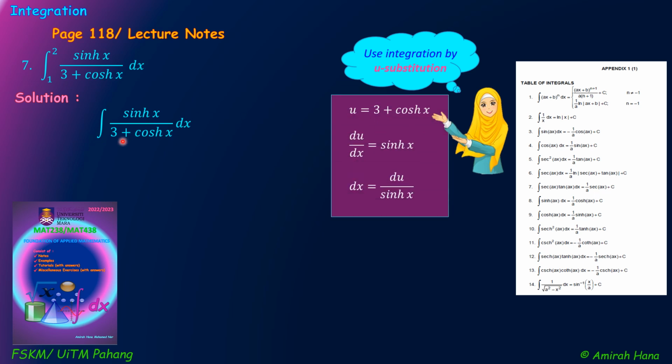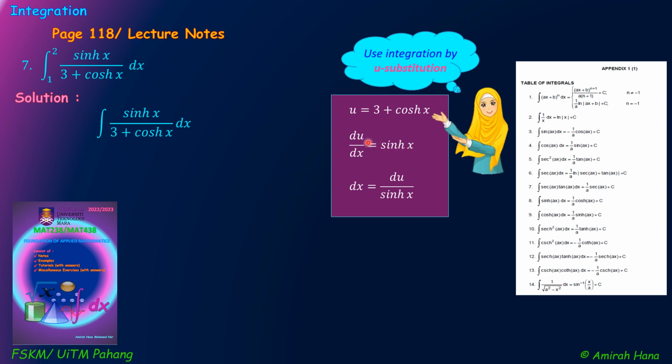Our u is 3 plus cos x, and every time we use u substitution, after we identify u, we need to find du over dx. We differentiate 3, a constant, to get 0, plus the derivative of cos x, which gives positive sinh x.